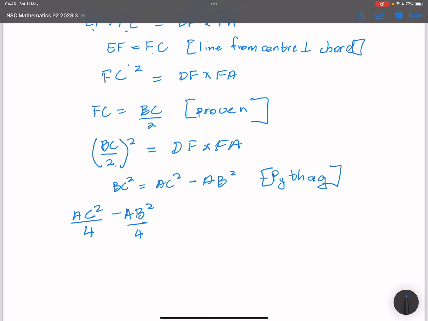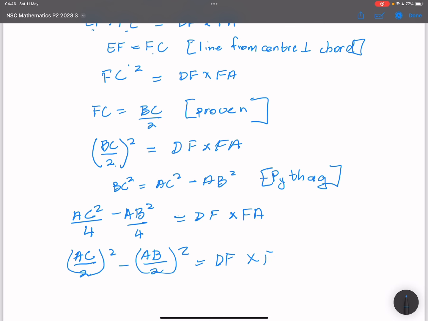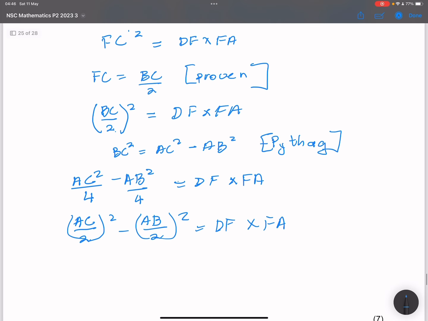And this is equal to DF times FA. Of course, we can write this in its square form: AC over 2 squared minus AB over 2 squared is equal to DF times FA. And we have proven that that is definitely the case.